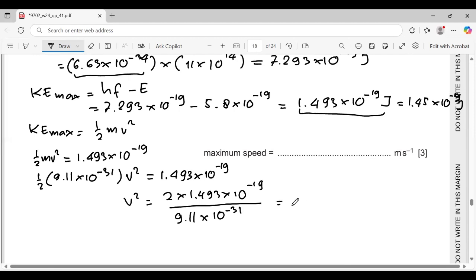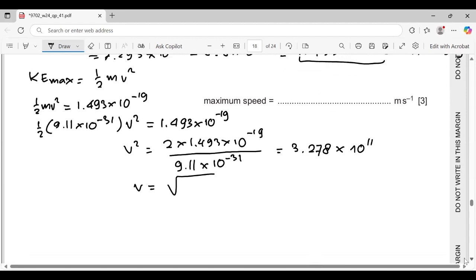And if you calculate, the result is 3.278 times 10 to the power 11. So v equals the square root of this number, 3.278 times 10 to the power 11, and the result is 5.73 times 10 to the power 5 meter per second. Next question.